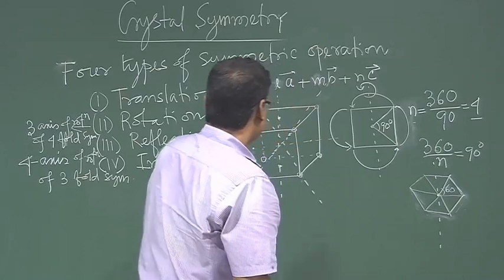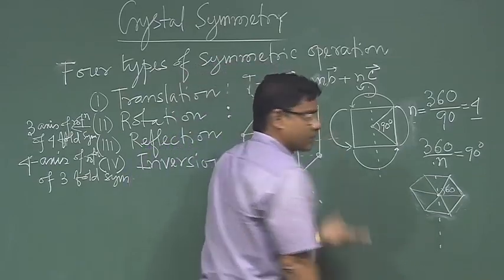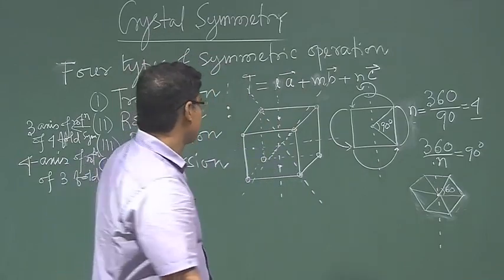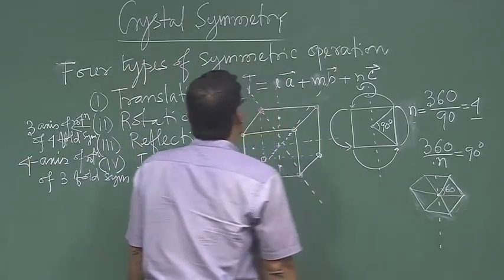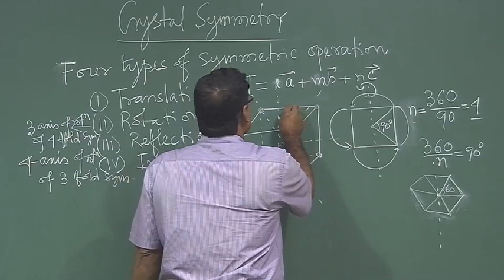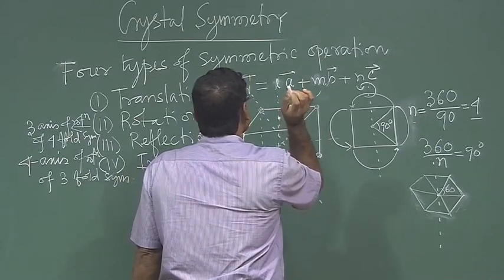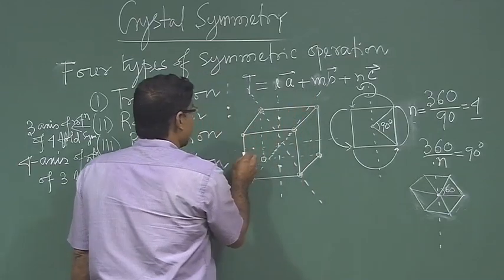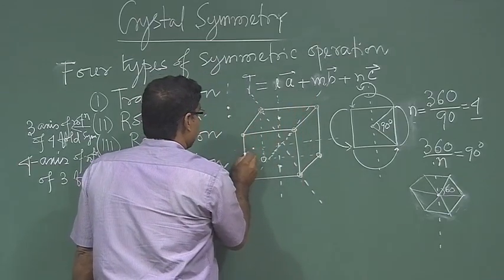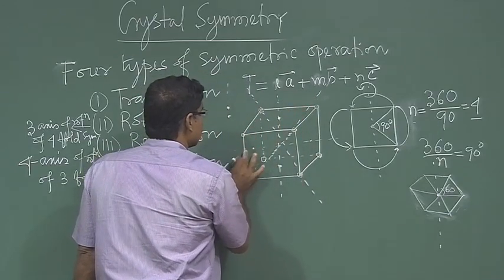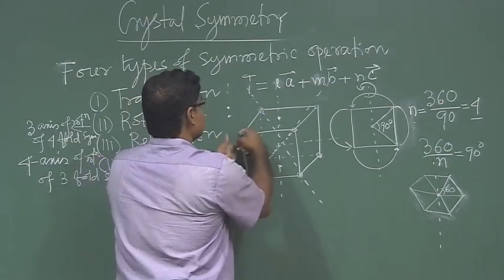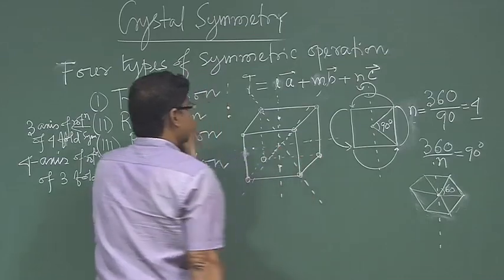Similarly, whether any other rotational axis exists or not, one has to find out. Yes, if you take the axis passing through the middle of the edge, these are the edges, 12 edges are there.